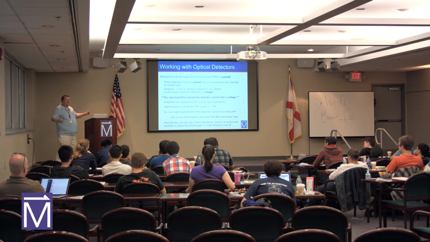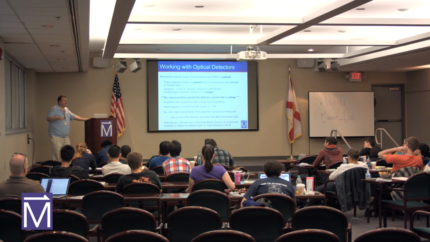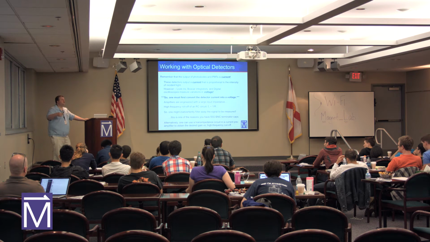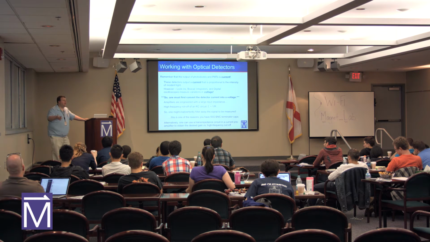The problem is the input impedance for a lot of really high performance detectors and amplifiers is very high, okay? And therefore, you're dumping your small current that's produced in your photodetector through a huge resistance. This creates an RC circuit, and if you're measuring something at a high frequency, you basically have rolled off, filtered away the signal that you're trying to measure.